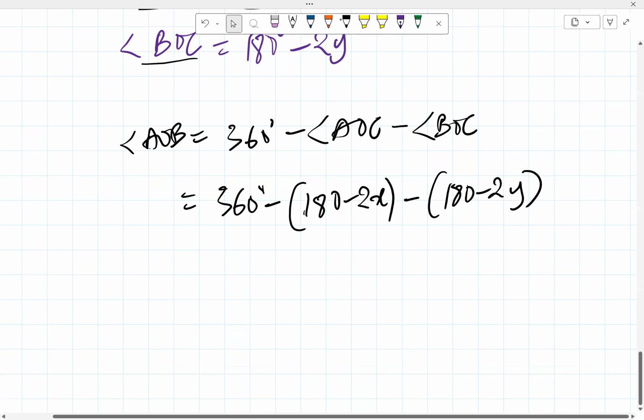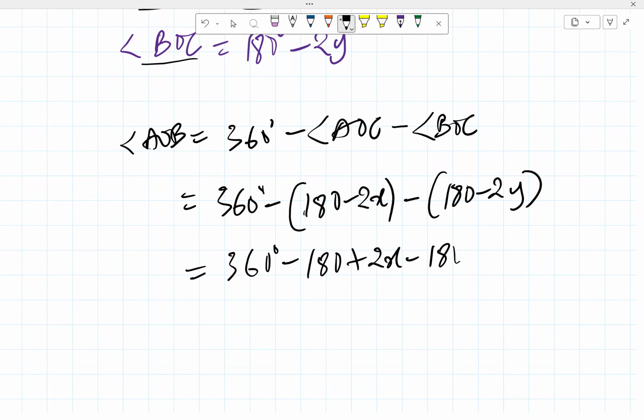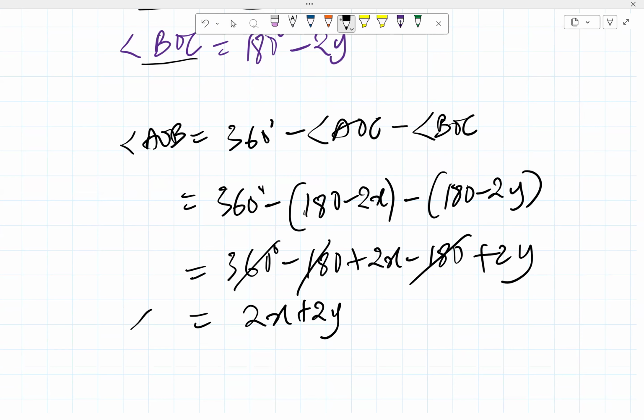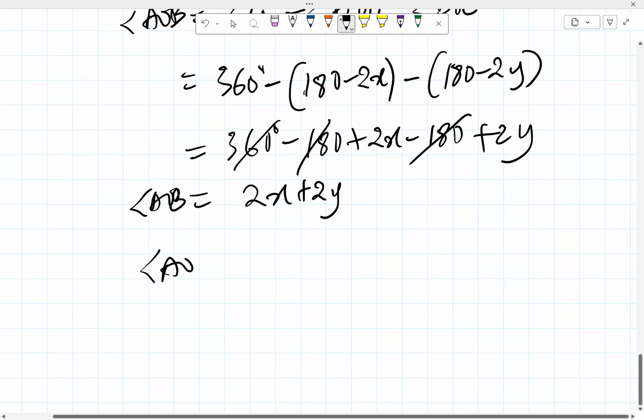So we have 360 degrees minus 180 plus 2x minus 180 plus 2y. So we see that the 360 cancels out the 180s, and we have 2x plus 2y. So here we see angle AOB is 2x plus 2y. That means angle AOB is 2 times (x plus y).